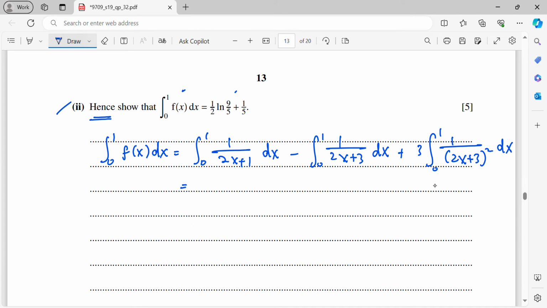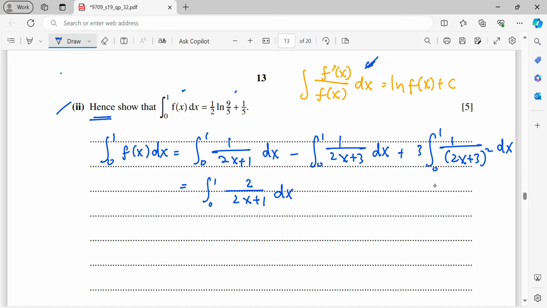Okay, so for the first one, I will be using the ln formula. So this is ln of f of x plus C, because the degree of the denominator is basically 1. So when I use this formula, I will rewrite the denominator. Now my numerator is a differentiation of 2x plus 1, which is 2.